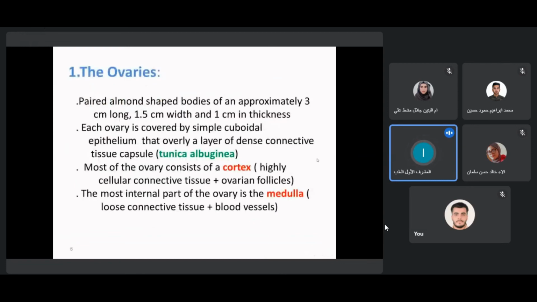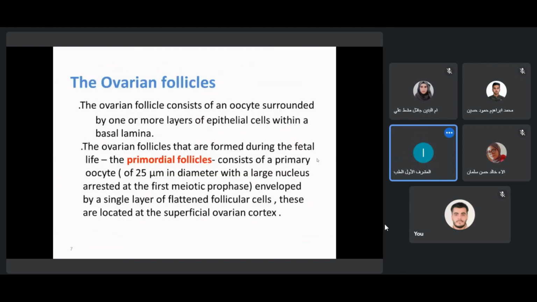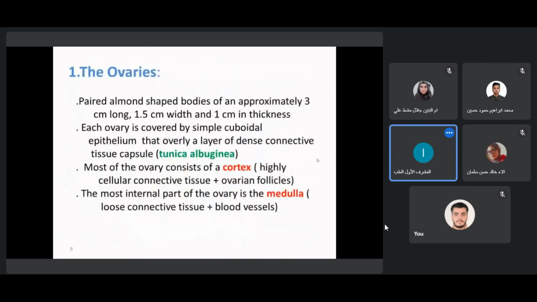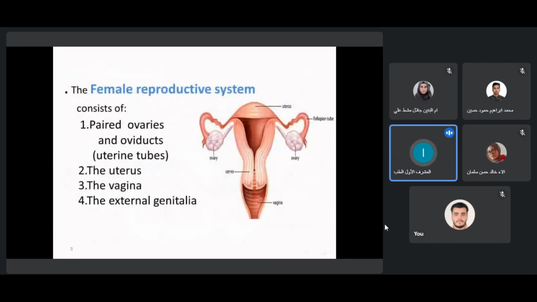Starting first with the ovaries, which are paired and almond shaped. These are the ovaries that have the almond shape, and the size is 3 by 1.5 centimeters, and the thickness is about 1 centimeter.